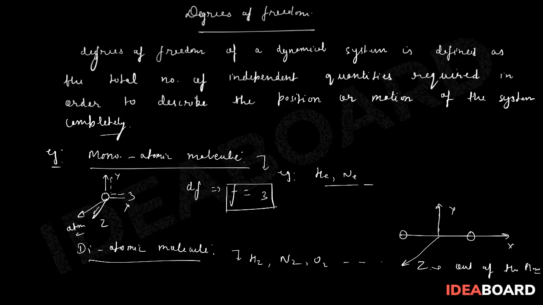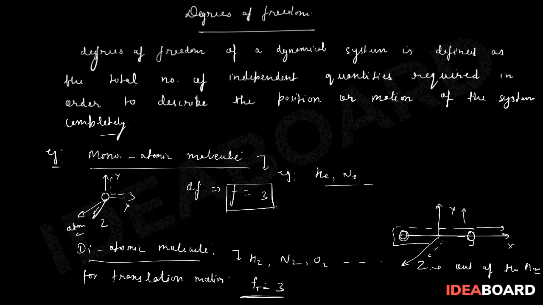Now clearly if you observe this molecule, it can move like this, like this, and also it can move in z axis. So we can have three independent directions for translational motion. For translational motion we have F translational, Ft, equal to 3.